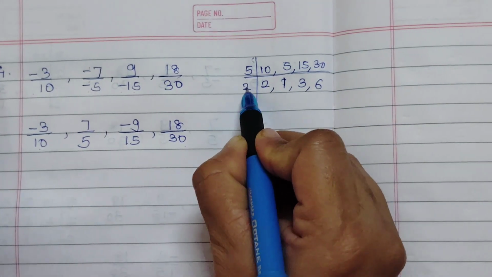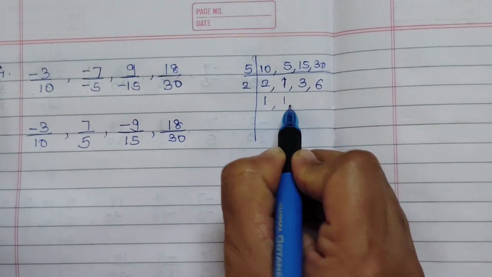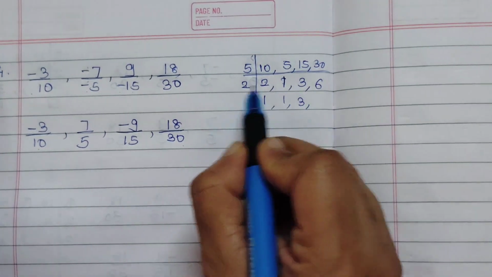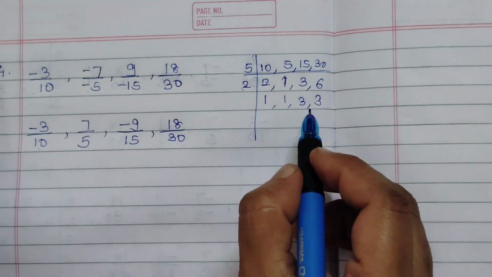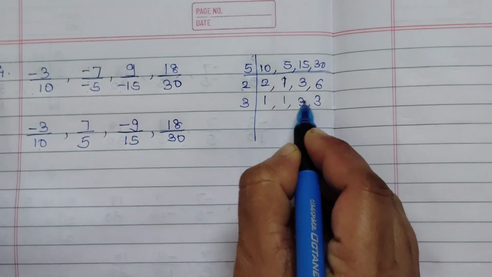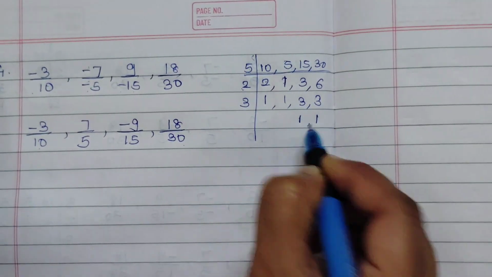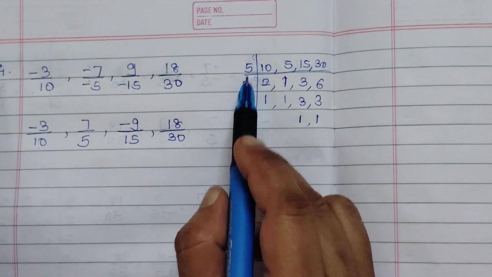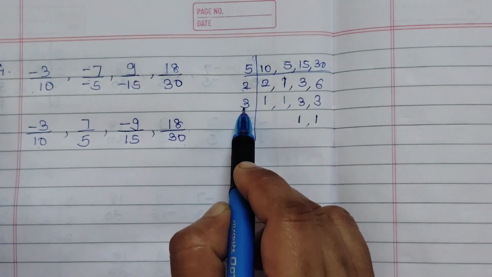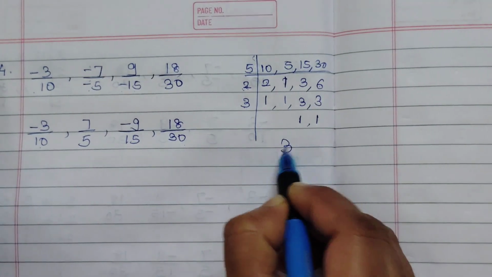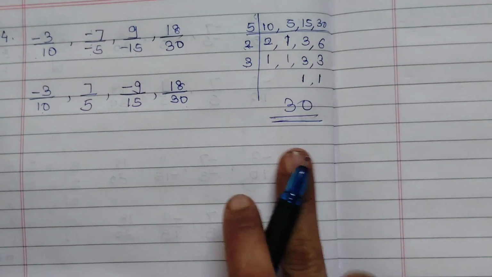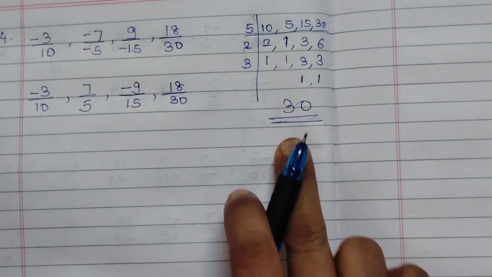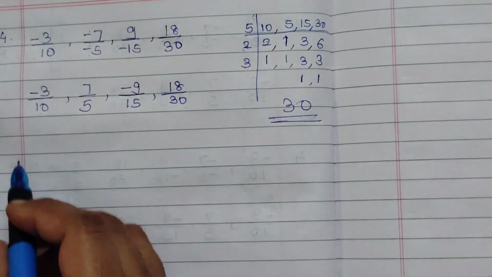So I got 2, 2 1s are 2, 3 will come as it is down, 3 doesn't go into 2, so 2 3s are 6. Now I have 3, 3 1s are 3, 3 1s are 3. So what is the LCM? 5 into 2 into 3, 5 2s are 10, 10 3s are 30. So the LCM is 30. So we have to make 30 in the denominators.